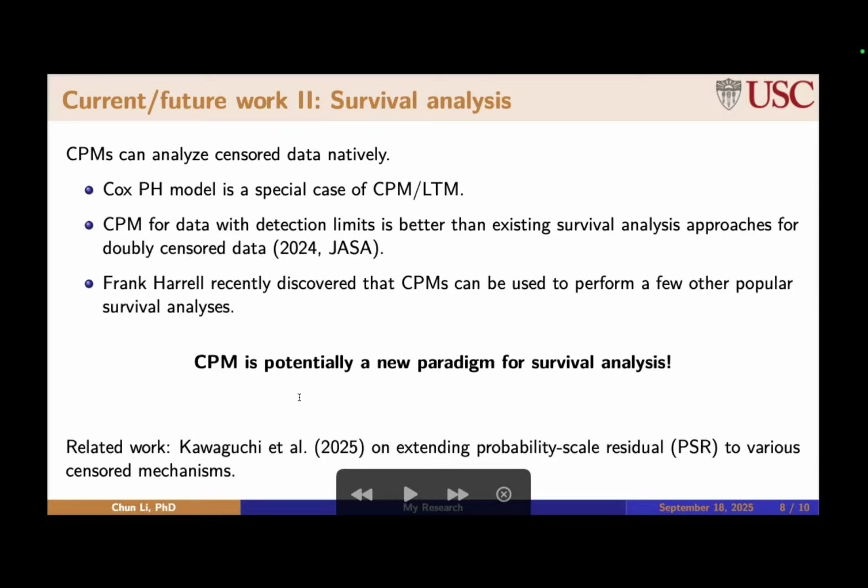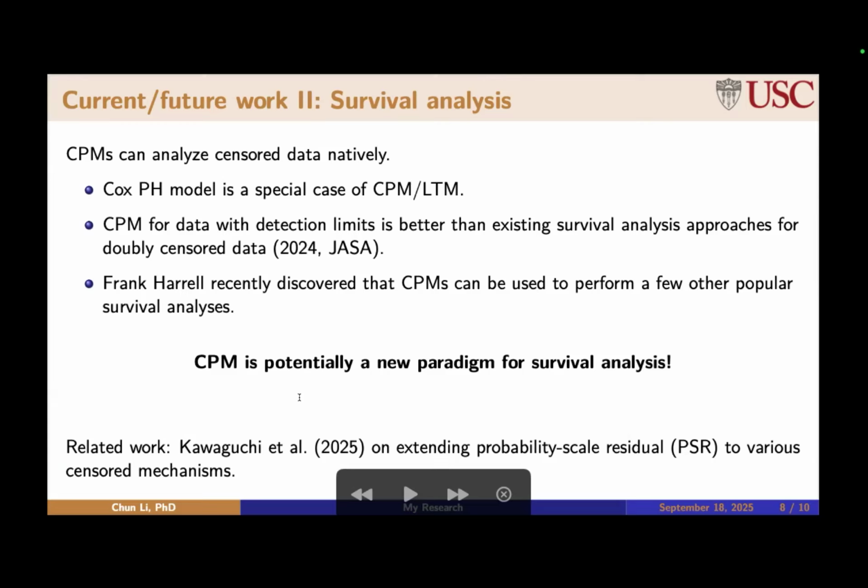And Frank Harrell, who was a chair at Vanderbilt, and developed a lot of R packages, recently discovered that CPMs can be used to perform quite a few other popular survival analyses. So essentially, this whole thing could potentially be a new paradigm for survival analysis, and we're investigating it.